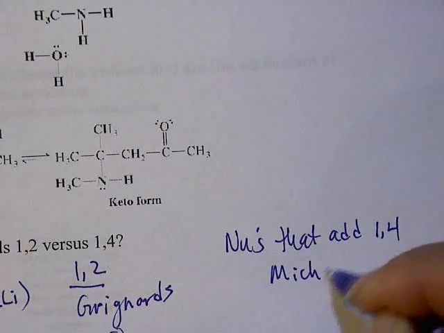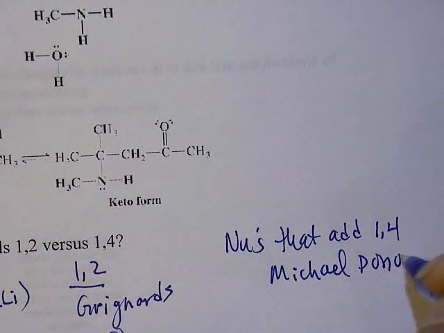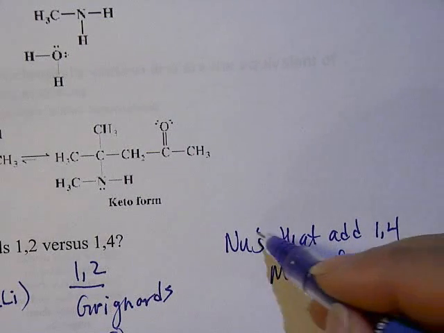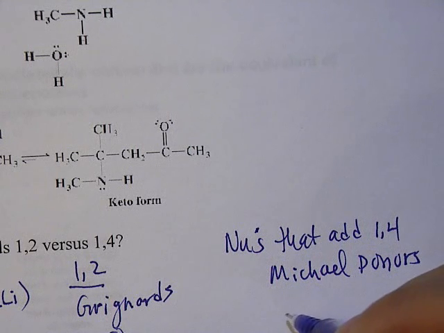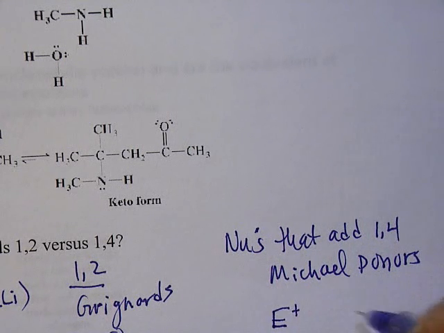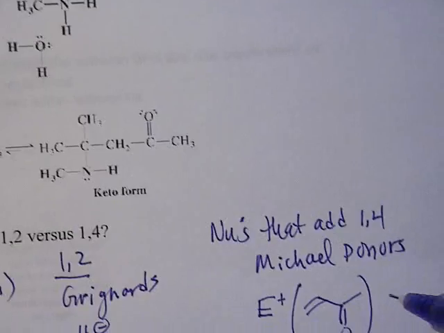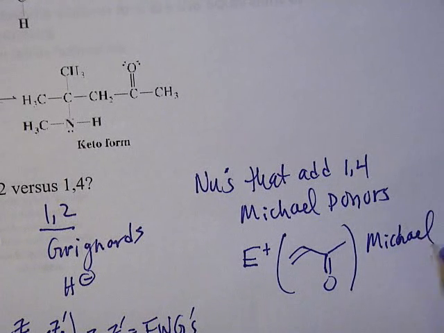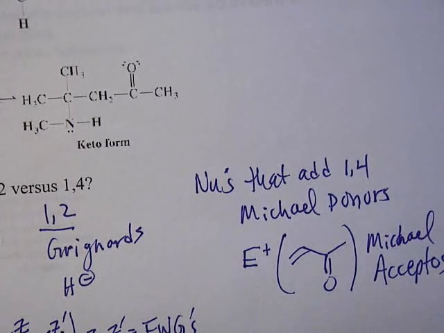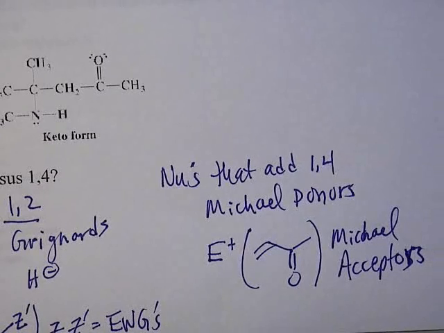All right. So the nucleophiles that add 1,4 are called Michael donors, and the electrophiles, so for example any alpha beta unsaturated compounds, would be called Michael acceptors, because they're accepting the nucleophile.